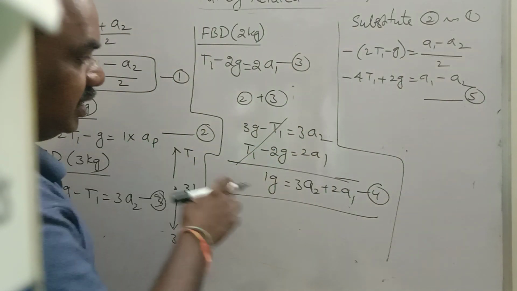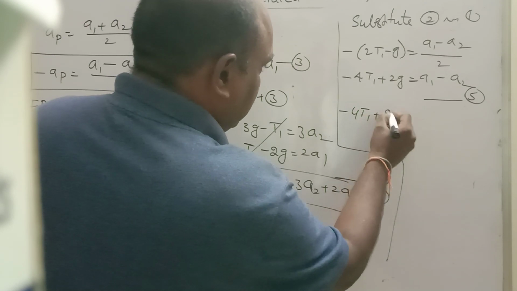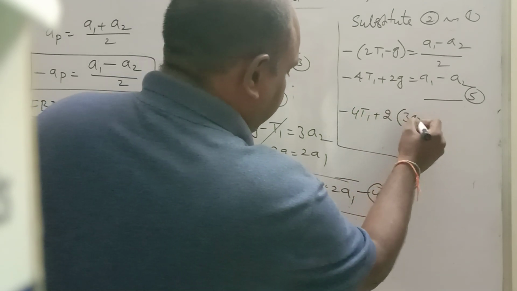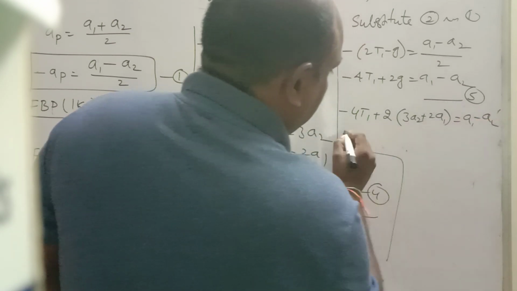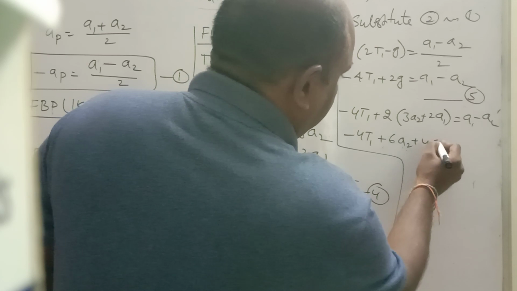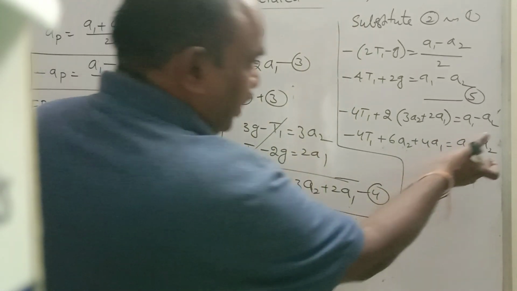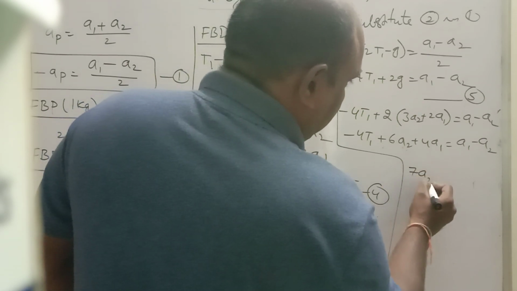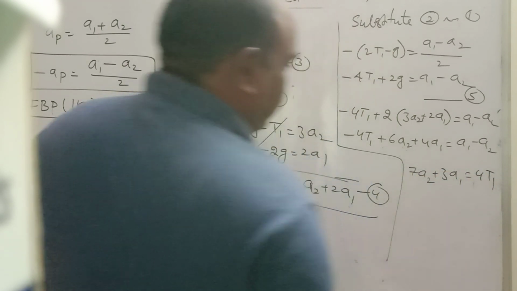Now some more simplification. The g value we also got: minus 4T1 plus 2 into the g value, 3A2 plus 2A1, is equal to A1 minus A2. Minus 4T1 plus 6A2 plus 4A1 is equal to A1 minus A2. Now minus A2 comes to this side: 7A2 plus 3A1 is equal to 4T1.